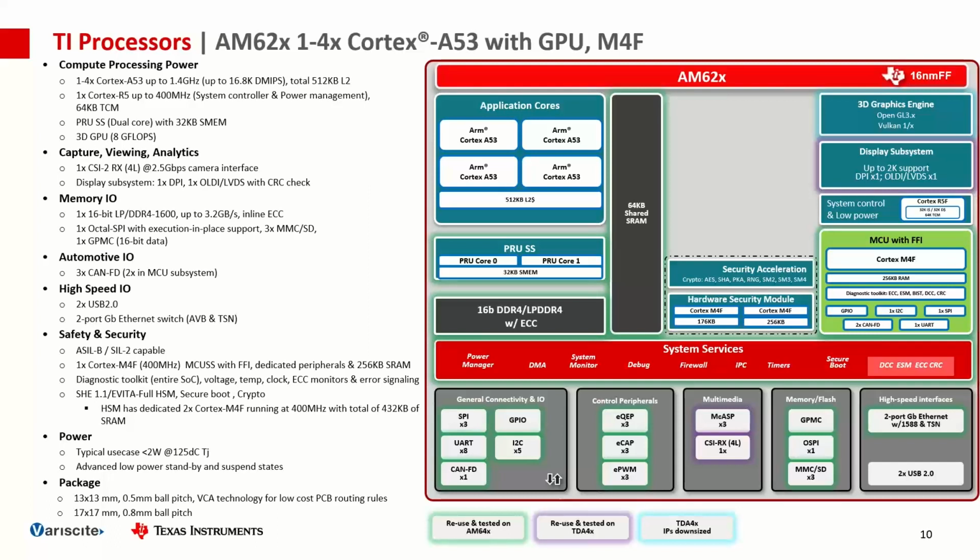And then the PRU is something that has always been a value proposition for TI, looking back to the AM62, the AM335 devices. That's kind of our hero device for embedded Linux. The PRU stands for Programmable Real-Time Unit.